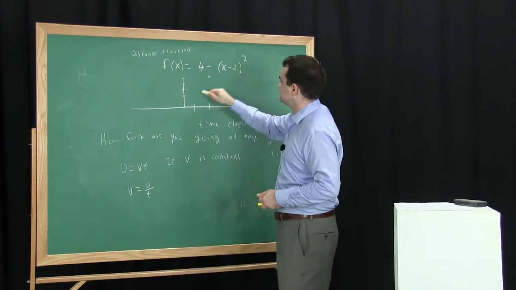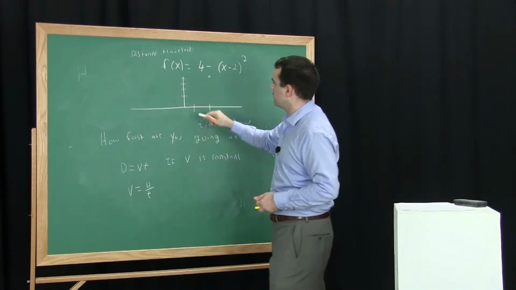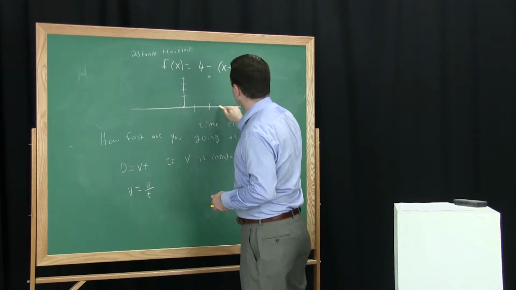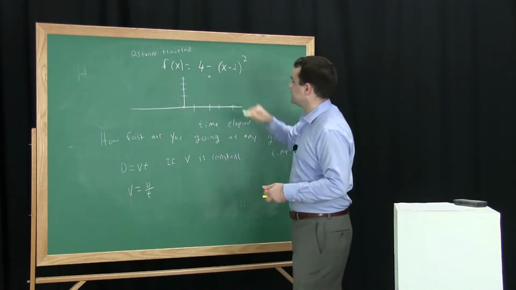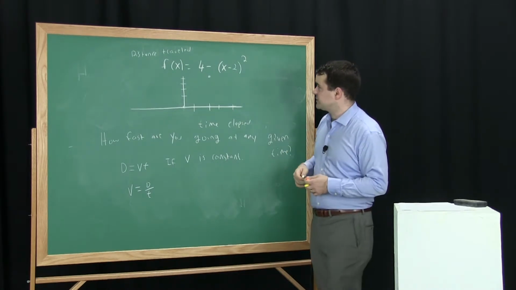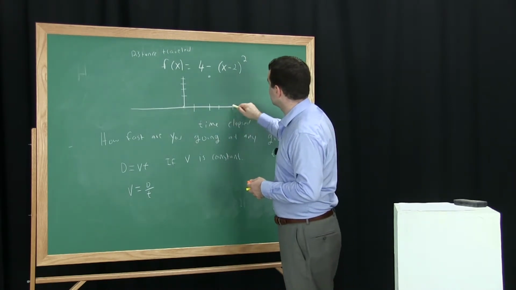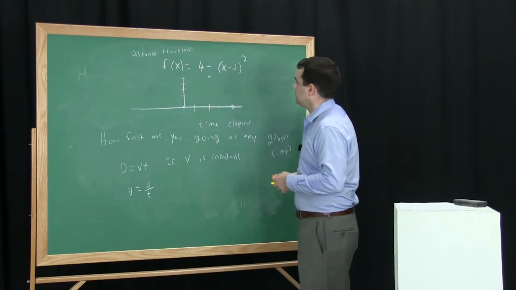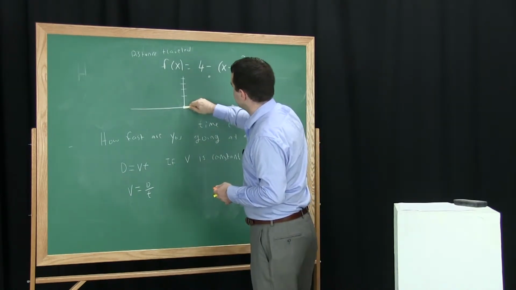When x is equal to 0, you're going to get 4 minus 4. When x is equal to 4, you're going to get 4 minus 2 squared, which is 0. And you get this nice, well, there's a negative sign here, so it's a downward facing parabola.